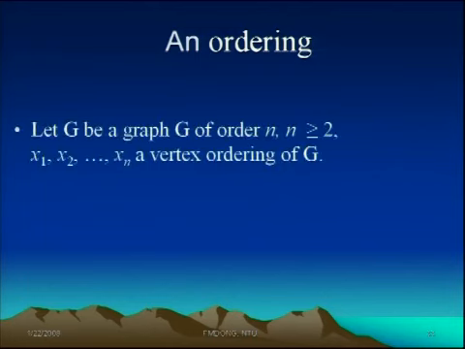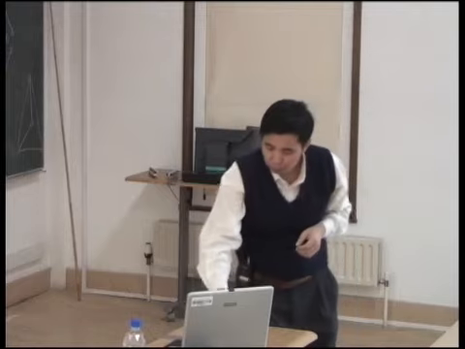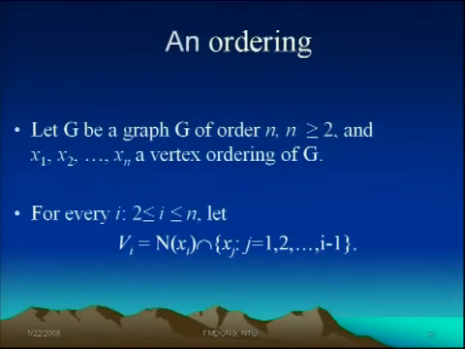Okay, now I'm going to introduce one of my recent results to produce one family, and this family is a subset of F. How do I do it? First, I need to find an ordering S1, S2 up to Sn. Suppose these are ordered vertices. It means n vertices, I take one order, S1, S2, S3 up to Sn, and define Vi.